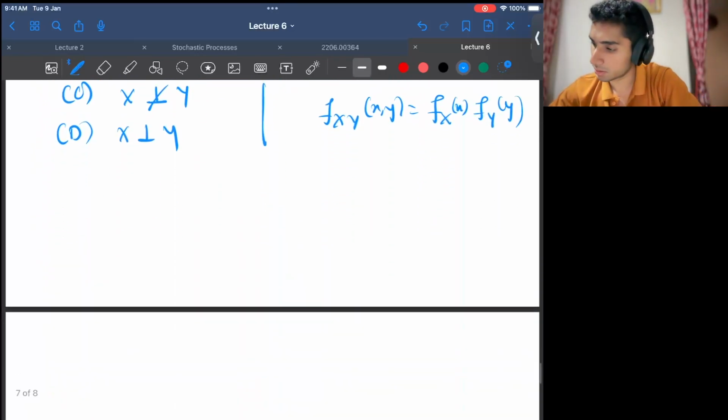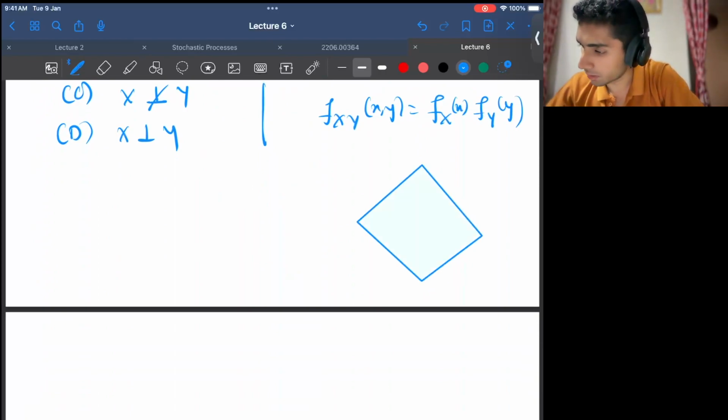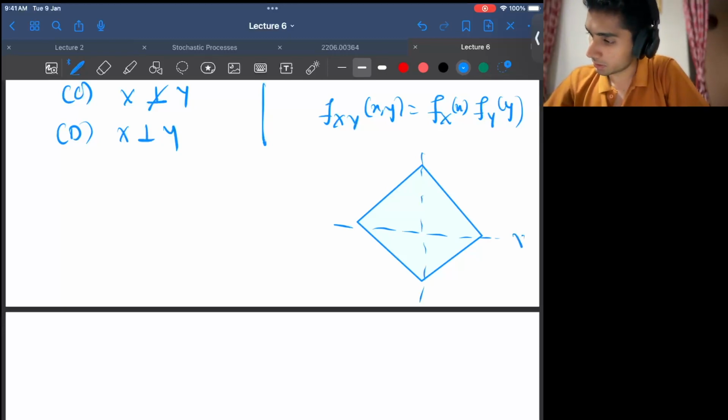Maybe I will draw that square again here. This is the square. So this is x, this is y.